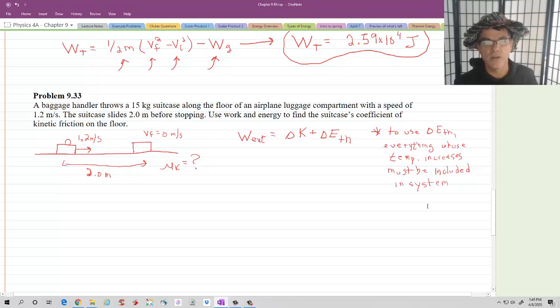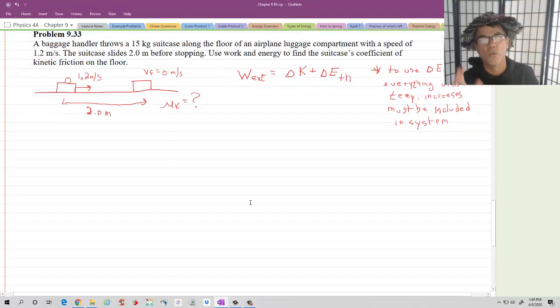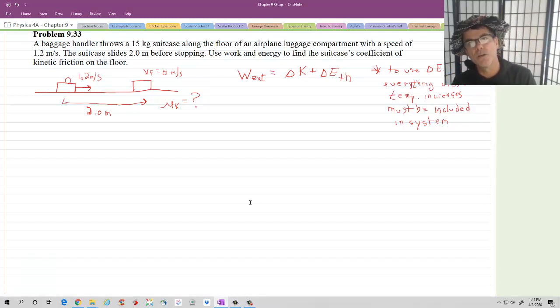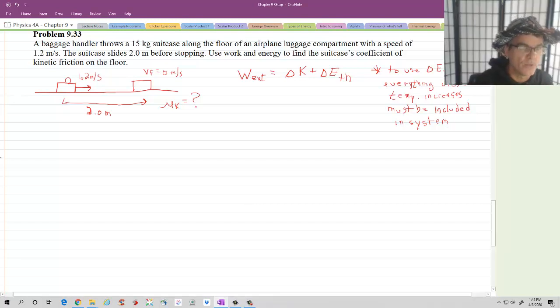So what I'm going to do is I'm going to look at this actually two different ways. One way, I'm going to include the floor as part of the system, in which case we can include thermal energy. Second way, I'm not going to include the floor, which means kinetic friction will be an external force doing work. So let's do it the first way, one. And let's say that I'm defining my system as just the suitcase.